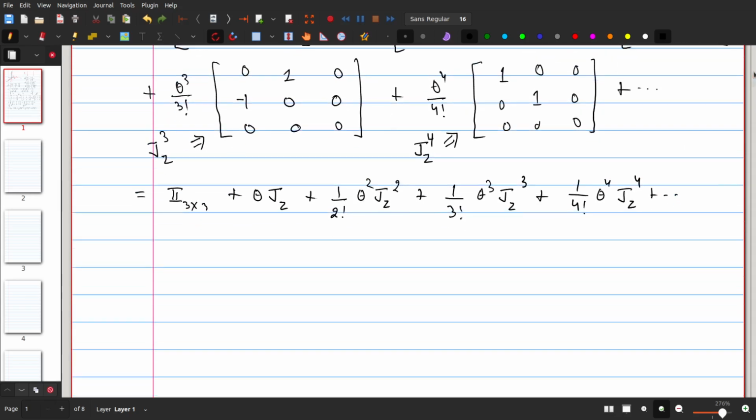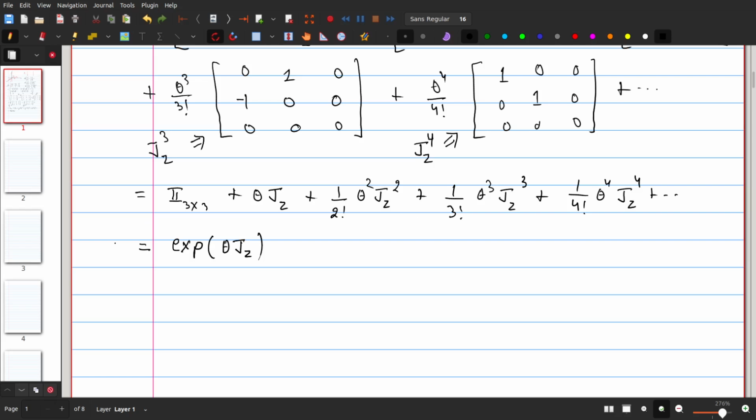And this series is by definition the exponential of a matrix. This series is the exponential of theta jz. So this is the definition of the exponential of a matrix, and if we take the exponential of theta jz, then by definition we get this series.